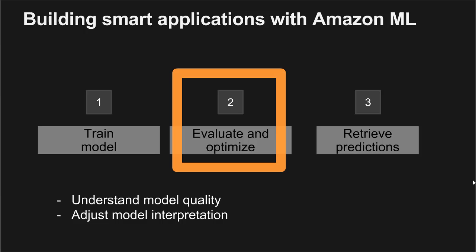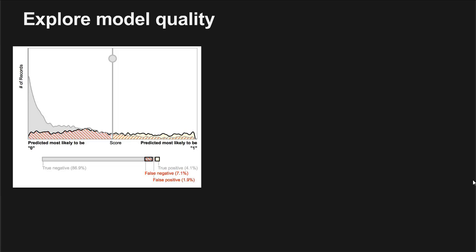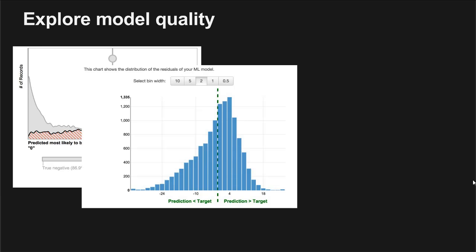You can also evaluate and optimize the model once the data is used to create it. You can explore the model quality. It provides a graphical interface for what the distribution looks like on the evaluation set.